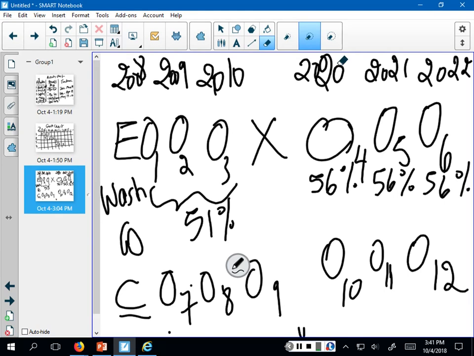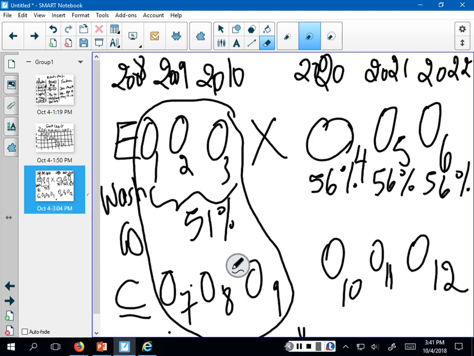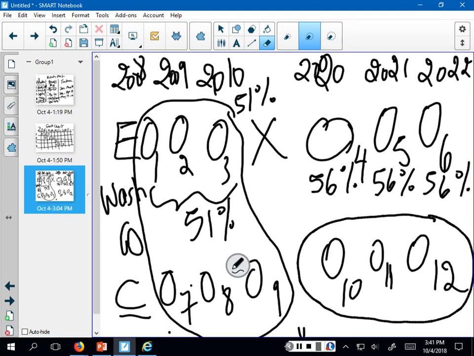Now you're expecting all of these to be in the 51% range, your baseline observations in both groups. You're expecting your post-test observations in the experimental group to go up, and you're expecting your post-test observations in the comparison group to stay around 51% or to increase some, but be lower than 56%.